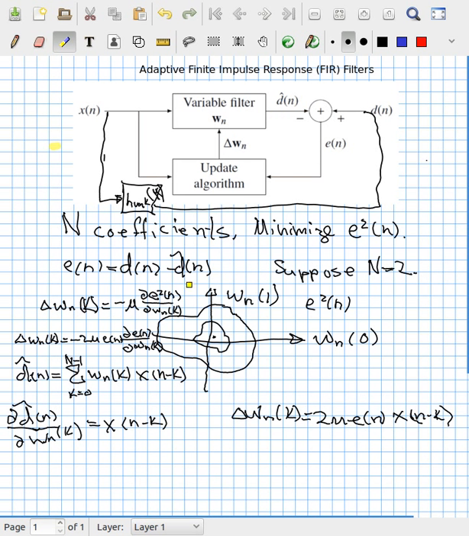Let's draw a little picture down here. We've got a picture here for the case n equals 2. We've got the w sub n of 0 axis and the w sub n of 1 axis, and those have an influence on this d sub n up here.